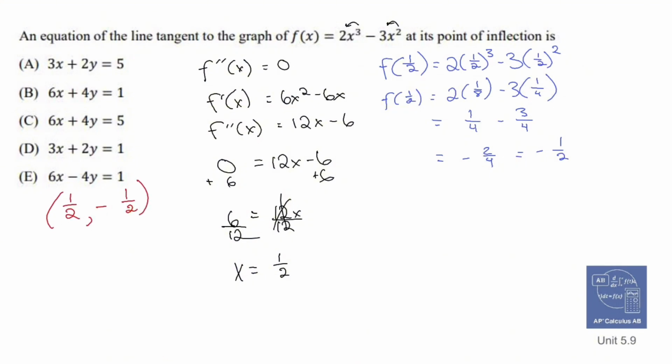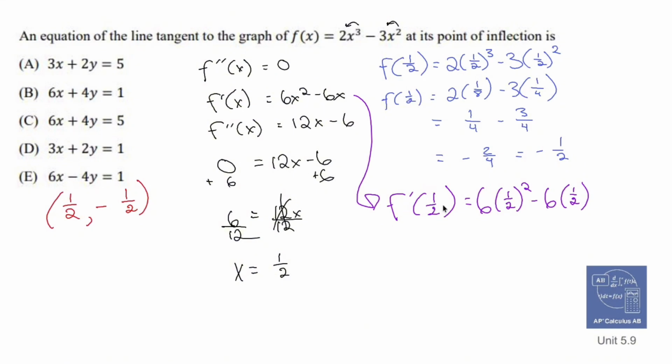So we have a point, and that point is 1/2, negative 1/2. What I don't have is a slope. The way I find the slope of the tangent line is to take my derivative and plug in 1/2. So f prime of 1/2 is 6 times 1/2 squared minus 6 times 1/2.